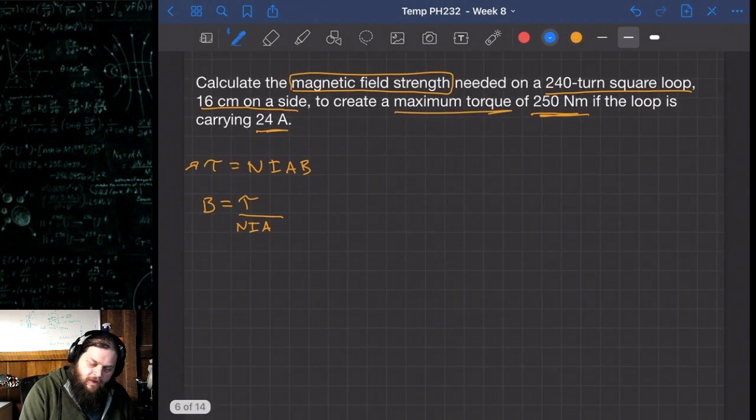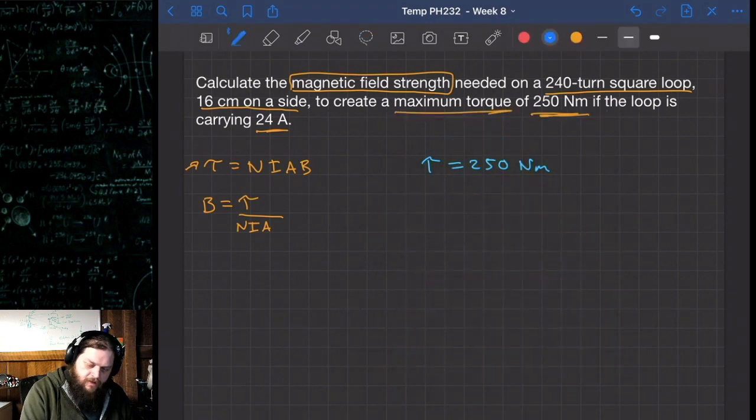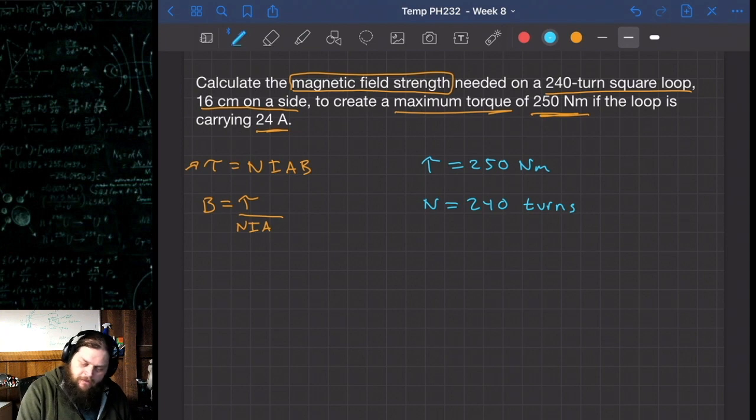In that case, we can define these terms where the maximum torque is equal to 250 Newton meters. We can say that the number of turns, N, is equal to 240 turns. It's not really a unit, it's just a number. And the area is going to be equal to, well, it's got 16 centimeters per side.